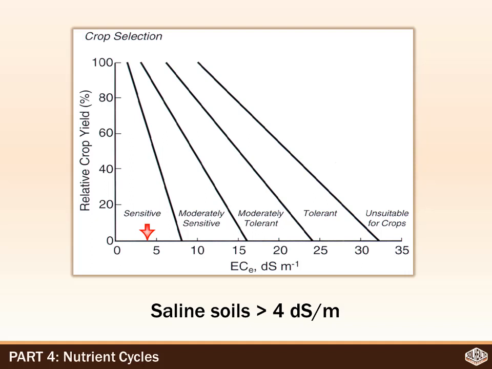A soil is considered saline when it has a salt content of over 4 decisiemens per meter, indicated by the red arrow here. As that salt content increases, especially beyond, say, 8 decisiemens per meter, plants will become increasingly sensitive to it, although in varying degrees depending on the type of plant.